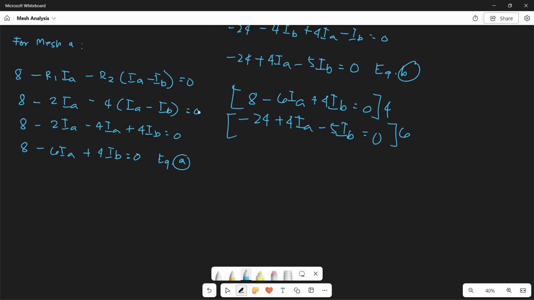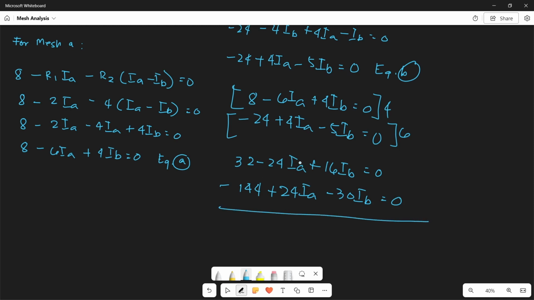So this will become 4 times 8 is 32 minus 24 IA plus 16 IB equals 0. And for the second equation, this will become negative 144 plus 24 IA minus 30 IB equals 0.